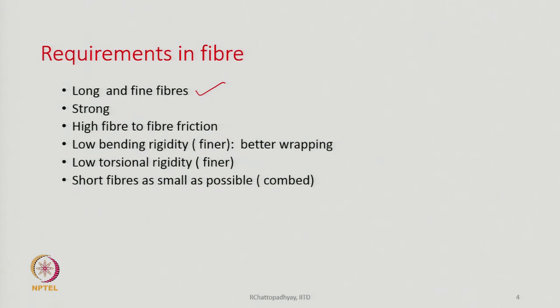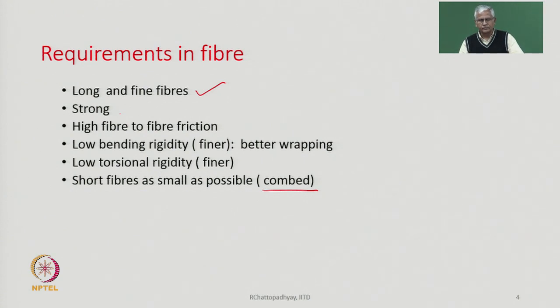The fiber should be strong, there should be high fiber to fiber friction, and fiber should have low bending rigidity and low torsional rigidity. Short fiber should be as small as possible in the case of combed sliver. So, these are the requirements in fiber.